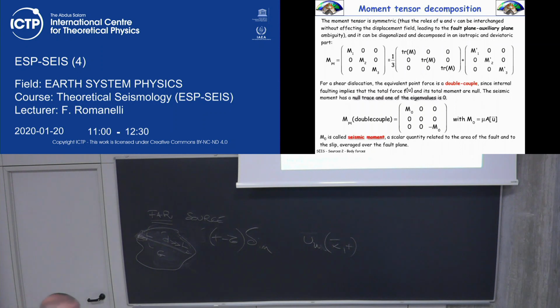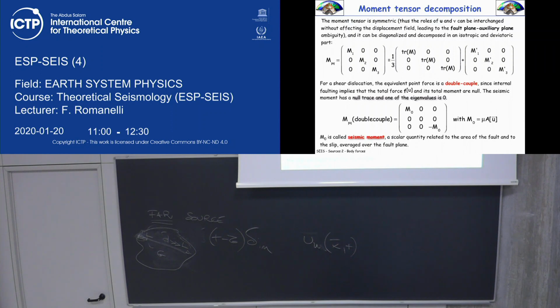Remember, the tensor can be written in this easy way only when you are in the diagonal principal system. Otherwise, the off-diagonal terms can be different than 0. But to preserve total trace, the trace has to be 0, and one of the principal eigenvalues has to be 0.